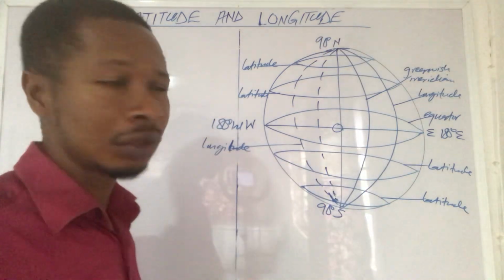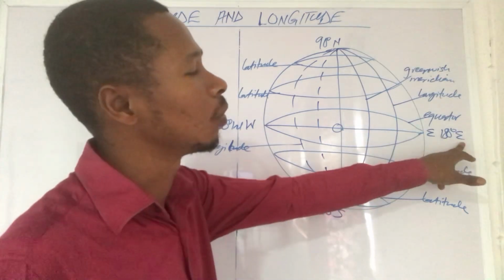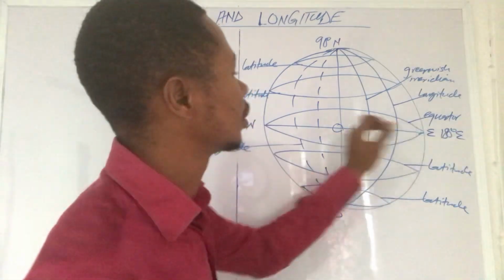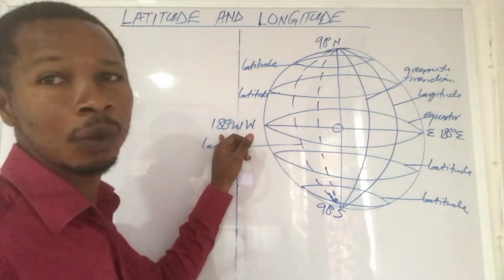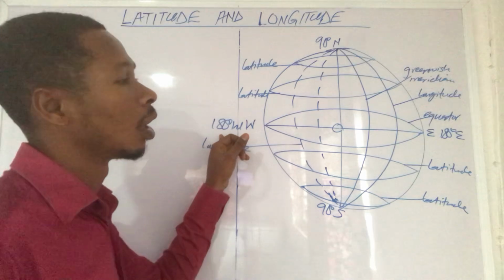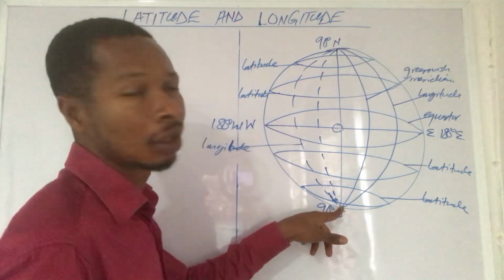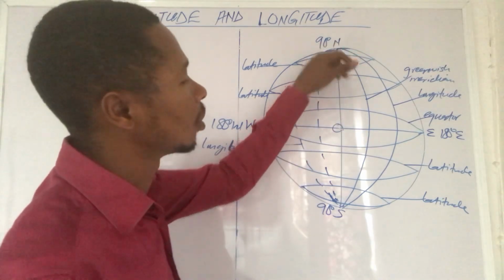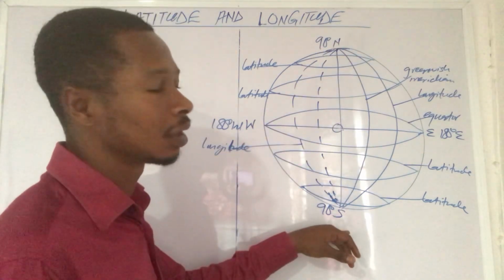So the lines of longitude run from 0 to 180 degrees west, and 0 to 180 degrees east. While the lines of latitude are measured from 0 to 90 degrees north, and from 0 to 90 degrees south.